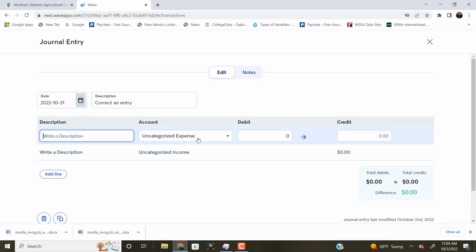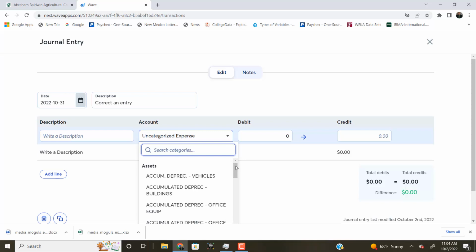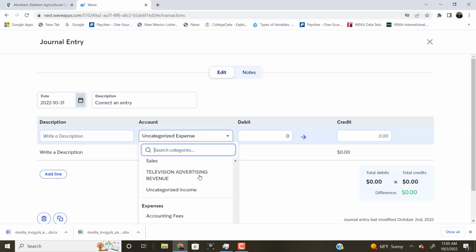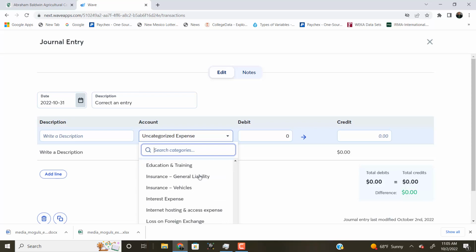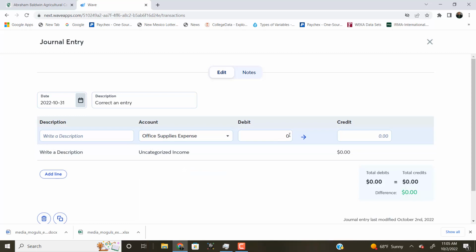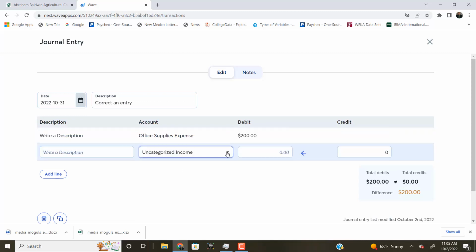And so I'm going to come up here and I'm going to put in an expense, which is in this case office supplies expense, if you can find it. Office supplies expense, and that was for 200. And then the credit would be to office supplies, the asset. Well, not quite. Supplies, the asset, 200.